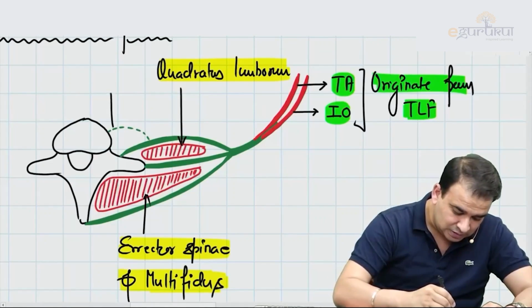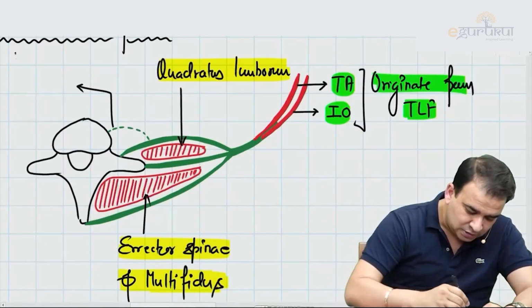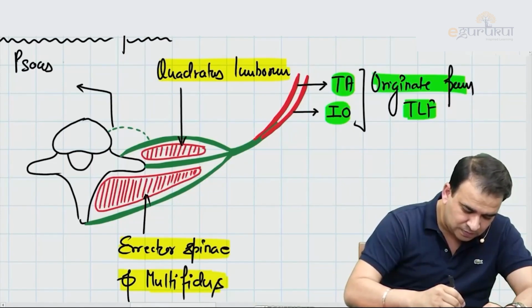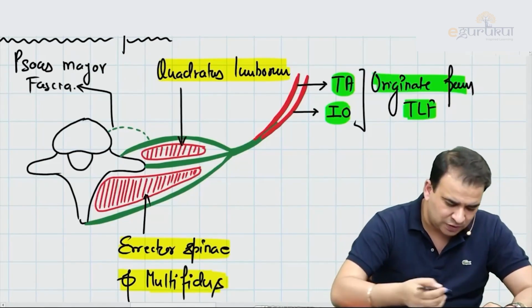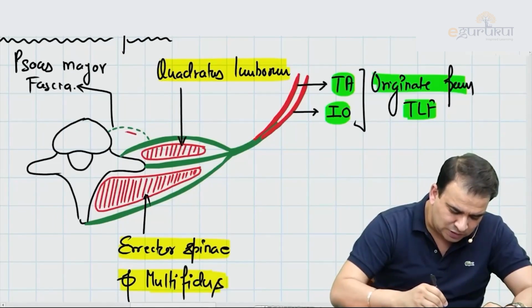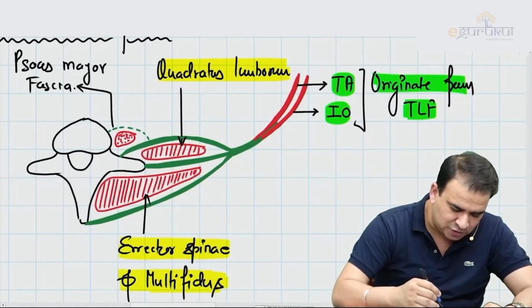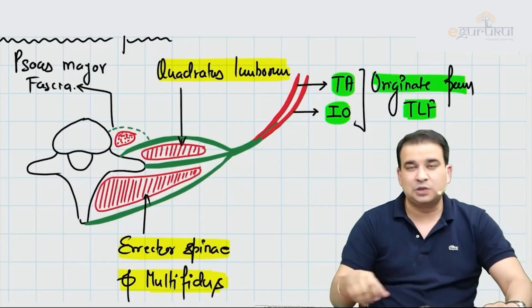This is the psoas major fascia, and obviously the muscle enclosed inside will be the psoas major only.